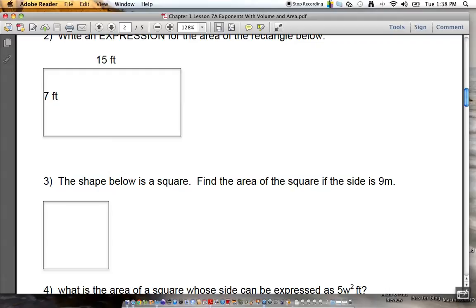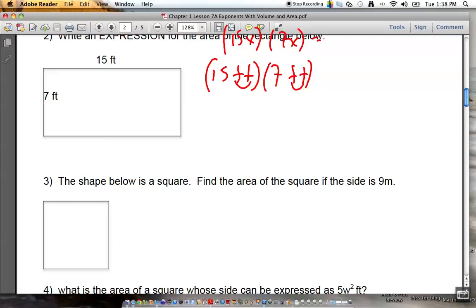Okay, so we know area is length times width, so this is going to be 15 feet times 7 feet. And I want to treat this feet as if it was just like 15x times 7x. Now, if I did 15x times 7x, what would I get? 105 what?